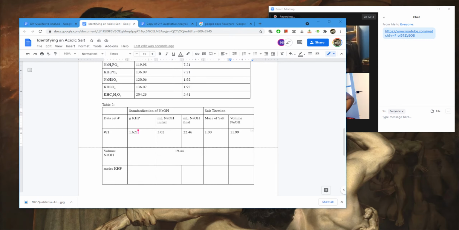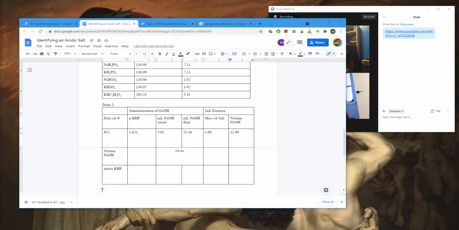According to this, I believe we're working with the standardization of the NaOH first, because it's two different parts to this. I just need to know the concentration of NaOH. Oh wait, standardizing NaOH means we confirm the concentration.